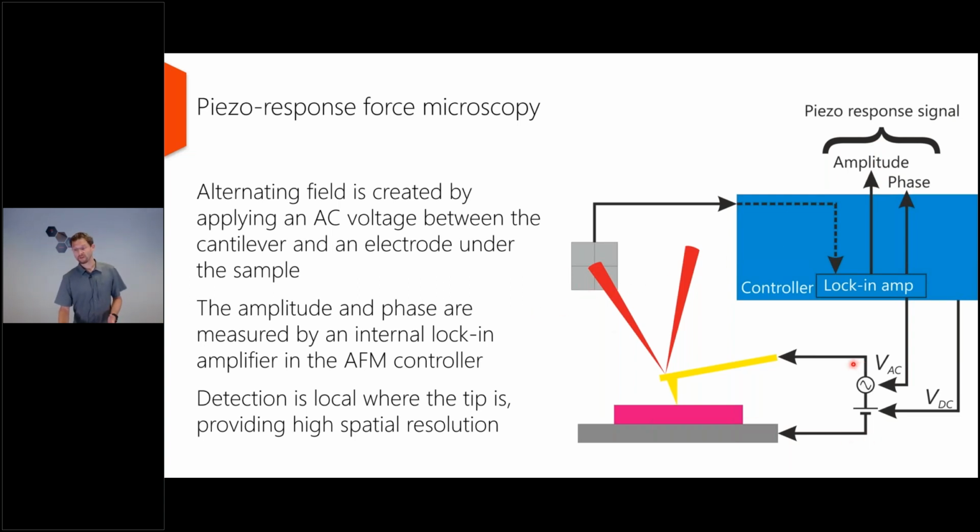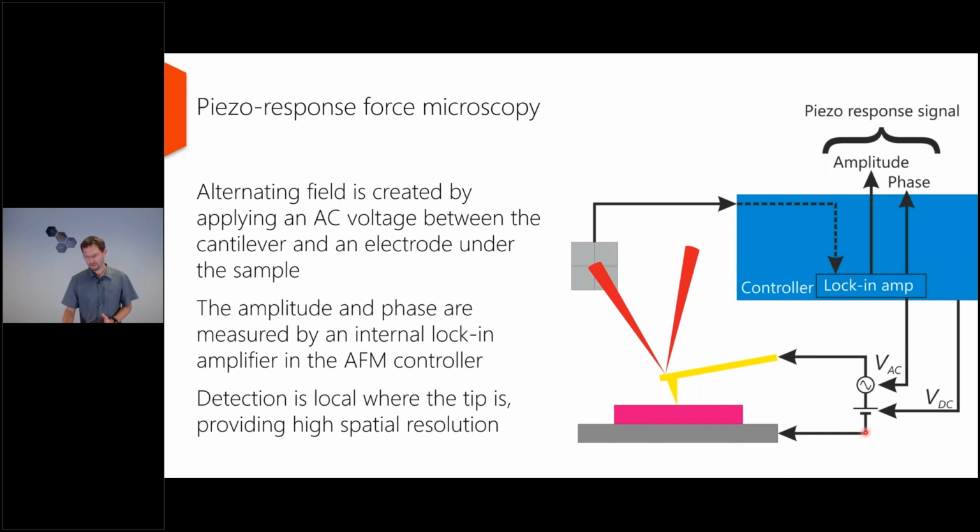How do we create the electrical field? So far, I just drew a line. There is an electrical field. Generally, the AFM tip is used as one electrode. The substrate below the sample is used as the second electrode. And you can now apply AC and DC voltages between the tip and the electrode. It's both possible to have the sample at ground and apply these signals to the tip, or to have the tip at ground and apply these signals to the sample.